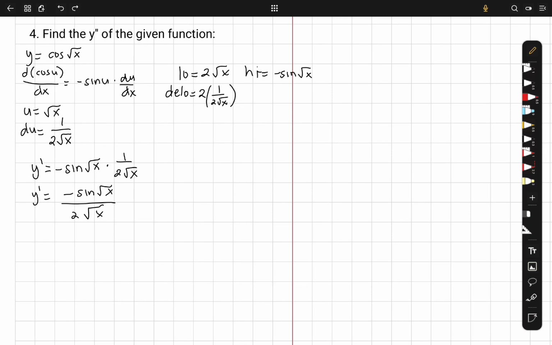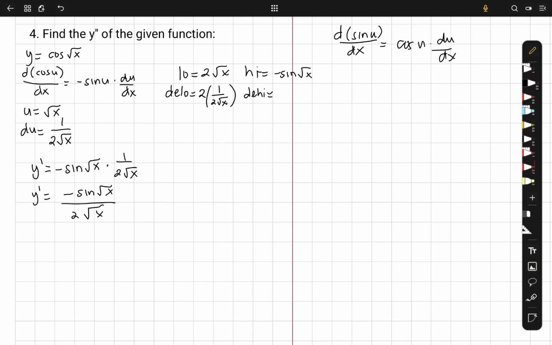Then for our high, the derivative of the high, that is negative sine square root of x. What is the formula for the derivative of sine? The derivative of sine u with respect to x is equal to cosine u times du dx.